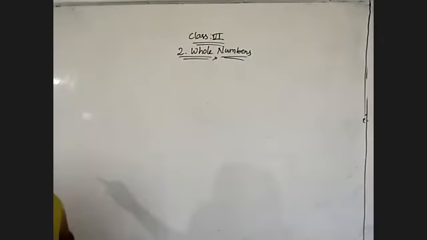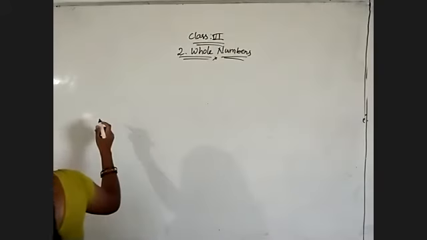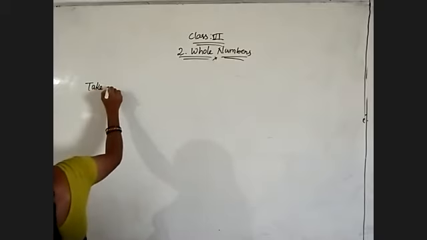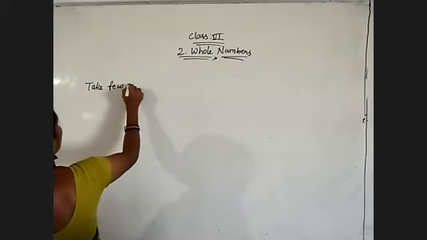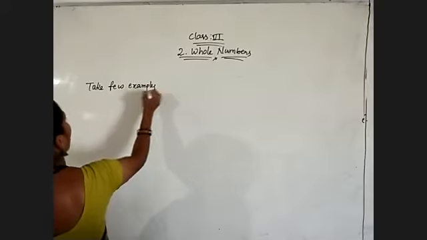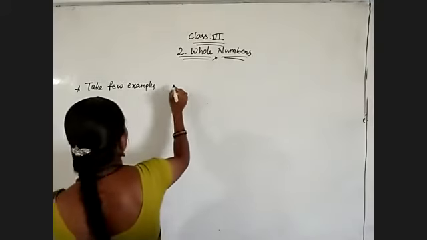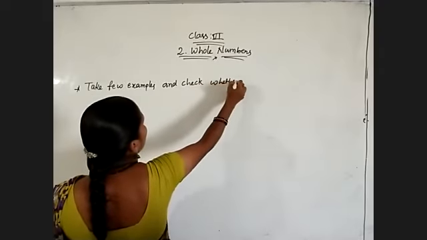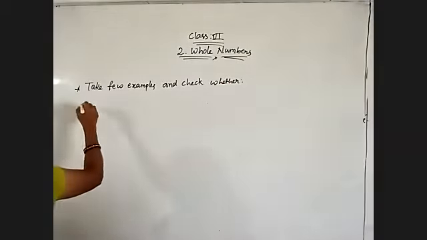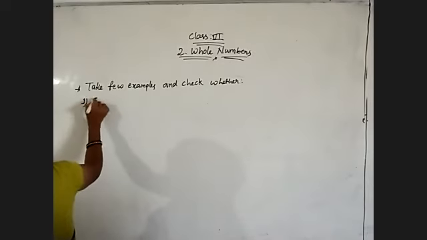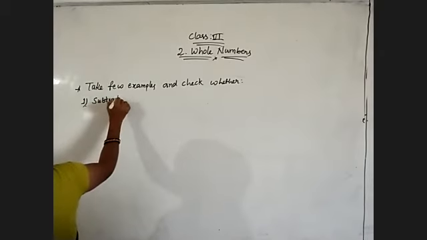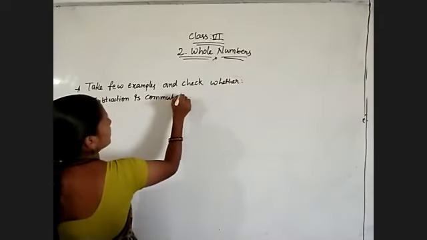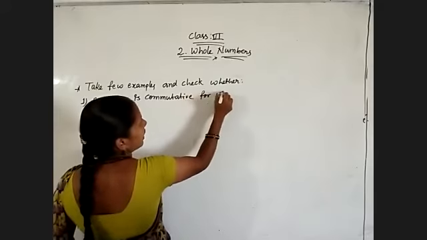Now, see, I am giving one of the question. Take few examples and check whether subtraction is commutative for whole numbers or not.